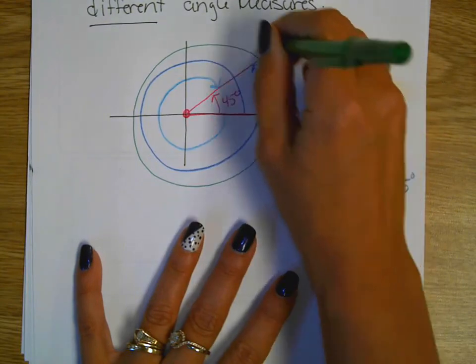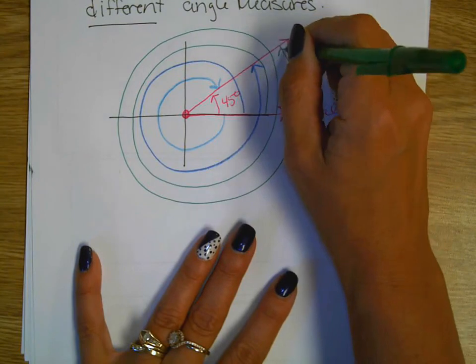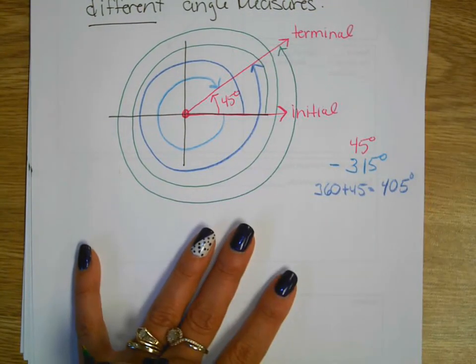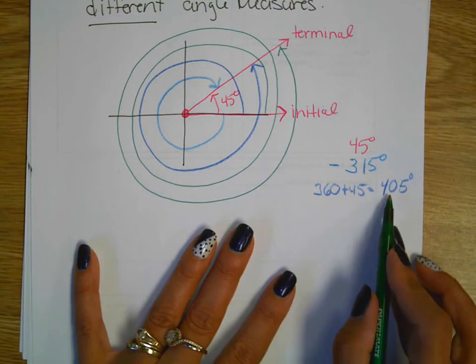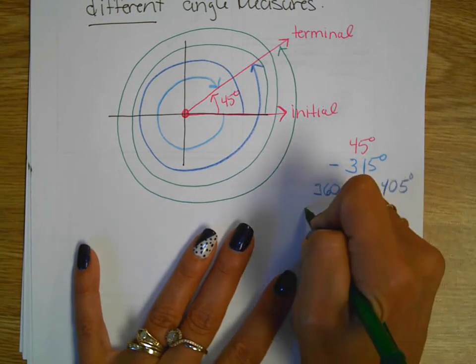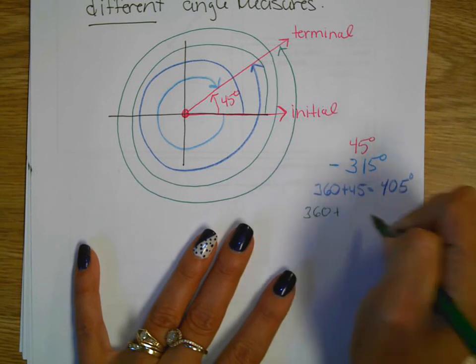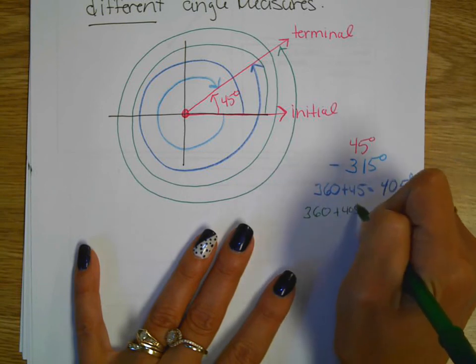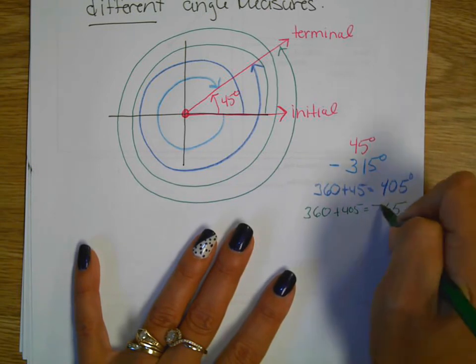There's the 405. I'm going to blow by it again. So all I've got to do is I went another full rotation around this one. That's going to be 765.